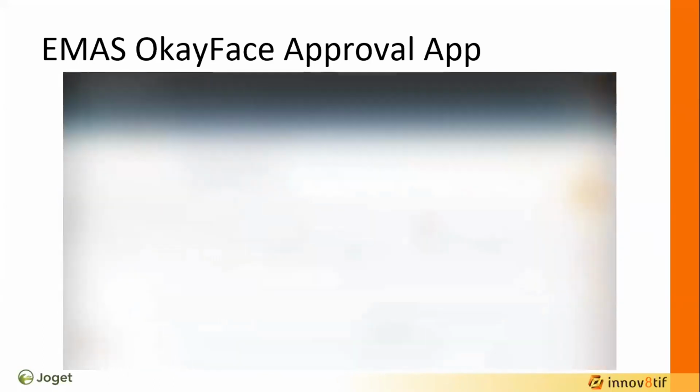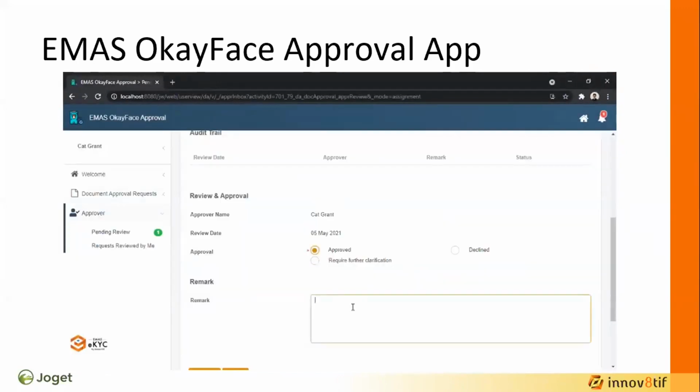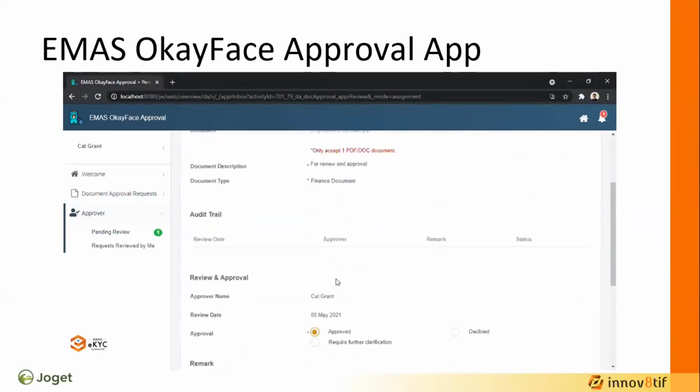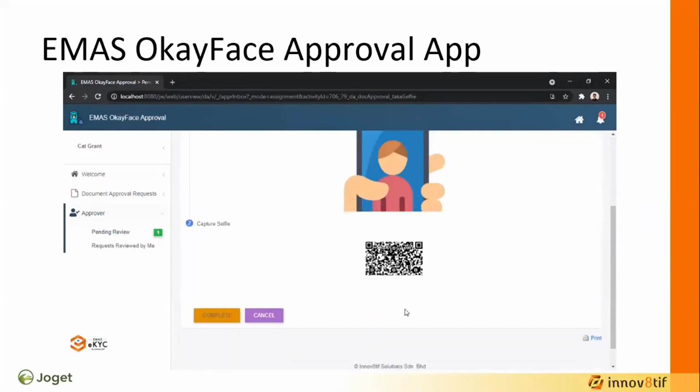As you can see from there, the request has just been submitted, and now for the approver to review. The approver will approve the request, but of course, before approval, we'll need to verify the identity.